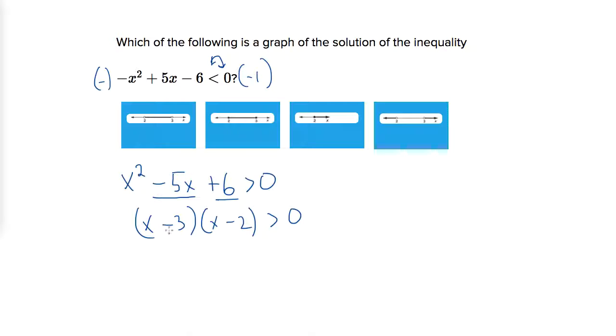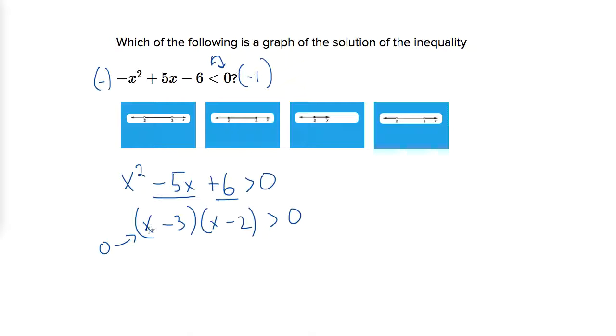And now we can take each of these pieces and we can see that x actually cannot be equal to 3 or 2. Why? Well, if we substitute a 3 in for x, then this term will be 0 right here, and that will make the whole thing 0 is greater than 0, which is false.